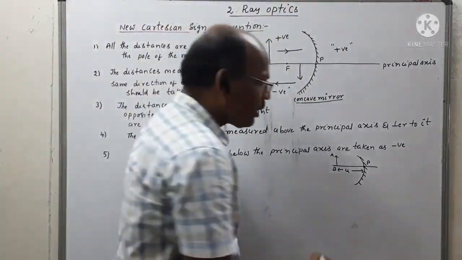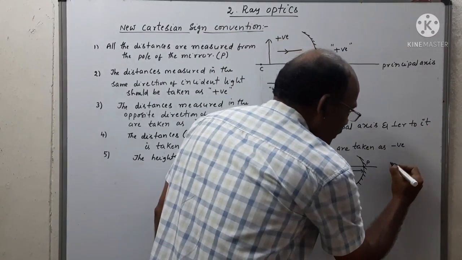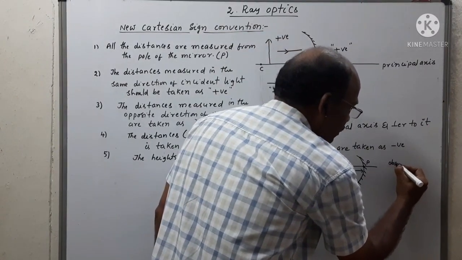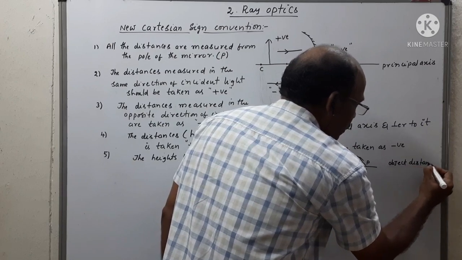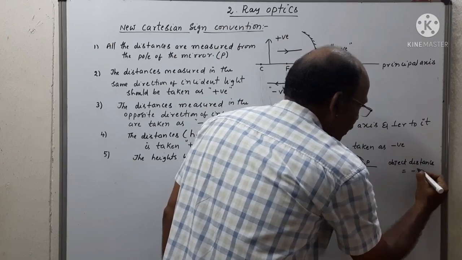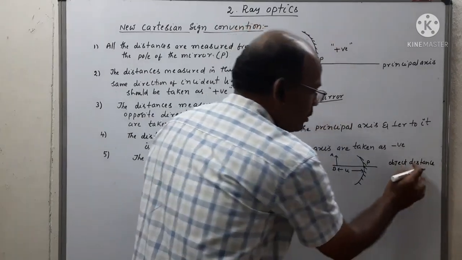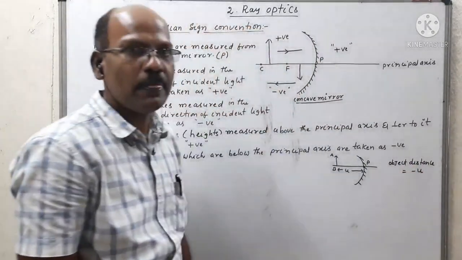So in the case of concave mirror, the object distance is always taken as negative, that is minus u.